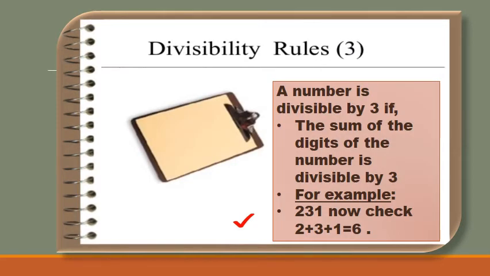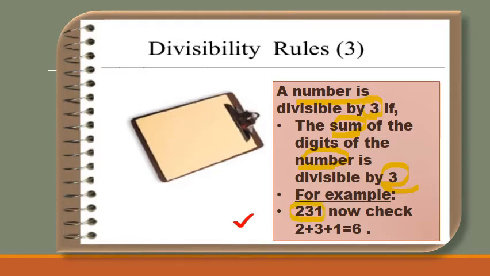Here is the divisibility rule for 3. A number is divisible by 3 if the sum of the digits of the number is divisible by 3. For example, 231 is the number.